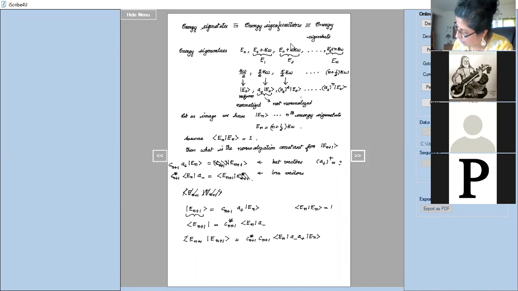So we will have over here mod Cn+1 squared, <En| A minus A plus |En>. Is this clear to everybody? Has everybody got this? Yes?